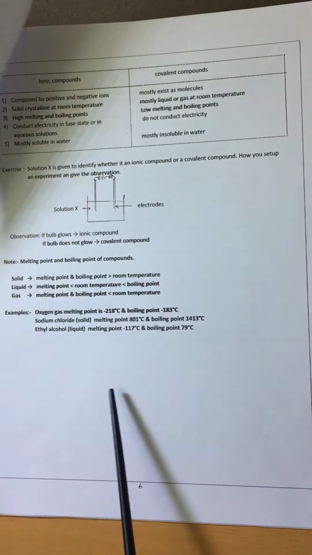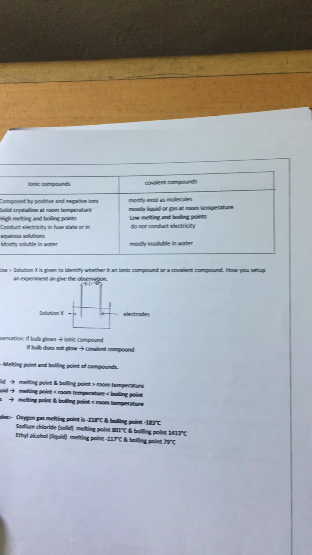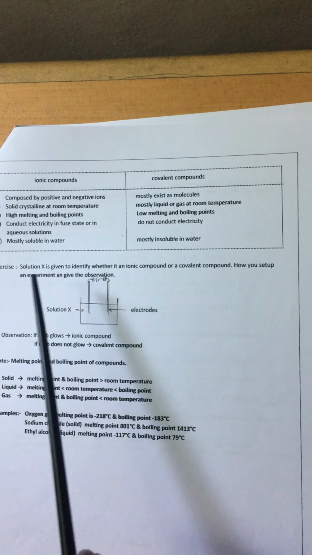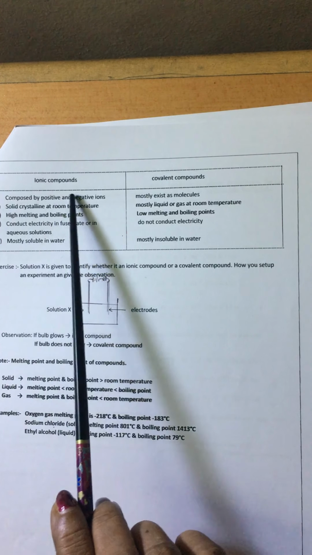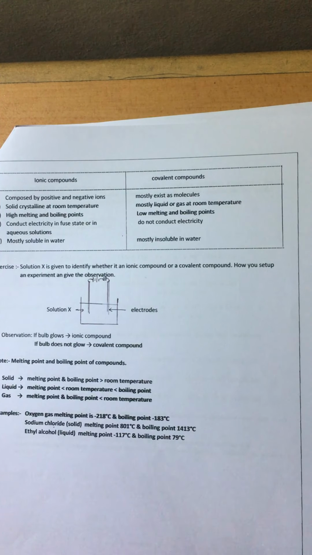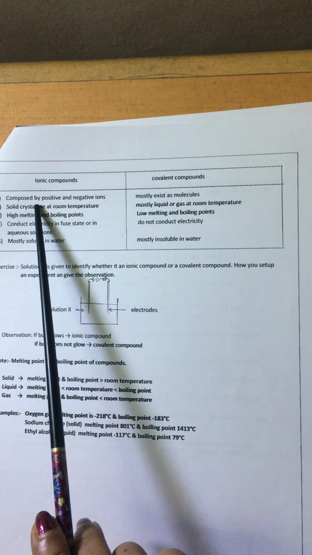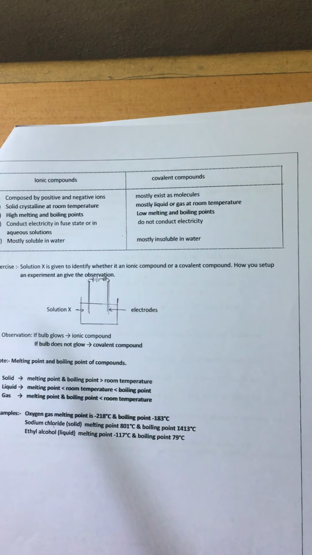Next, we are going to see the difference between ionic compounds and covalent compounds. There are some differences. Ionic compounds, the ionic bond we studied earlier, are composed of positive and negative ions. Earlier we studied that one atom becomes a positive ion and the other atom becomes a negative ion.